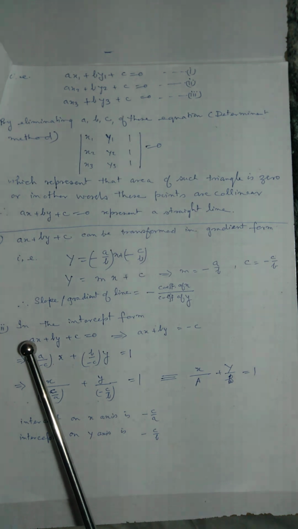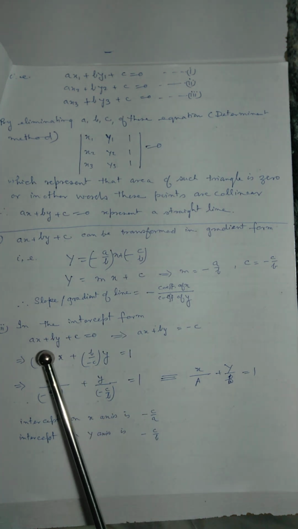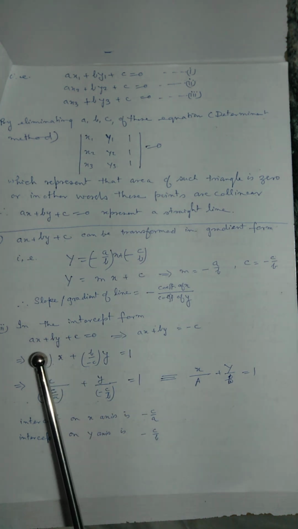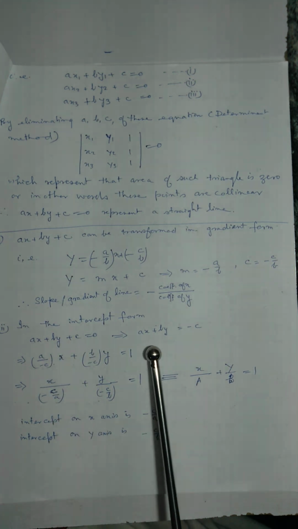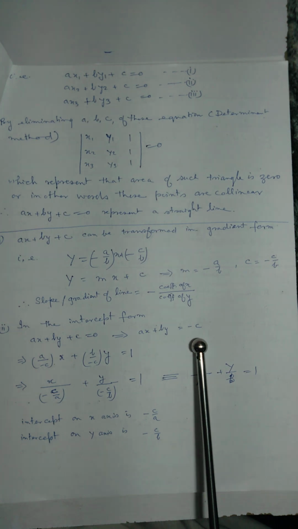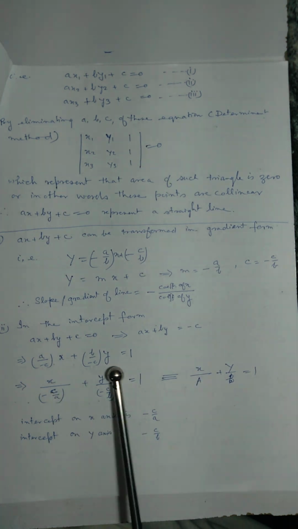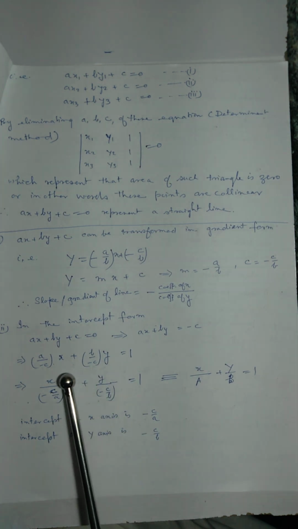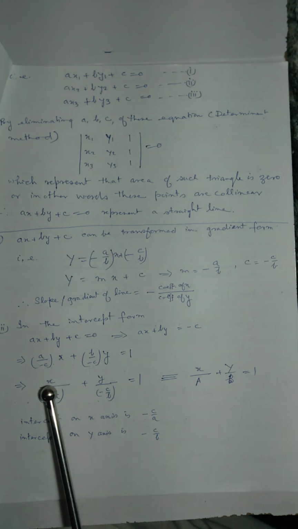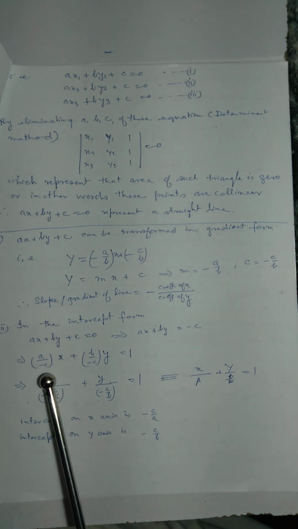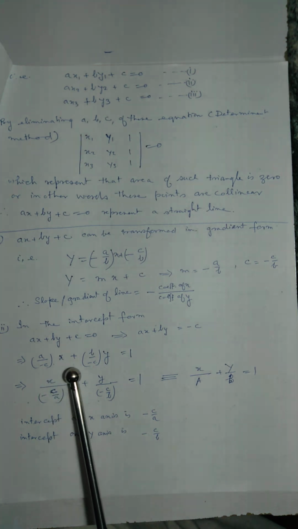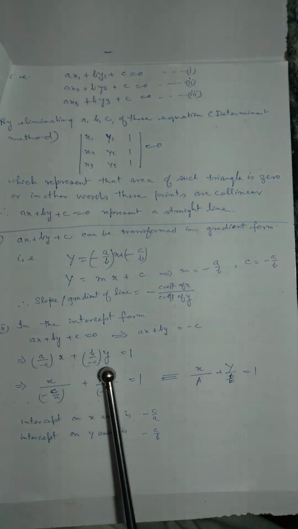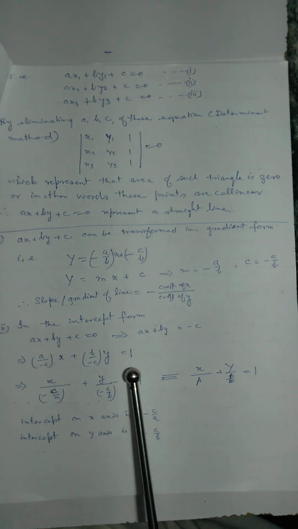Second, in the intercept form, you see the general equation is given, that is ax plus by plus c equal to 0. So ax plus by is equal to minus c. Now divide the complete equation on both sides by minus c. You will get a upon minus c into x plus b upon minus c into y is equal to 1.